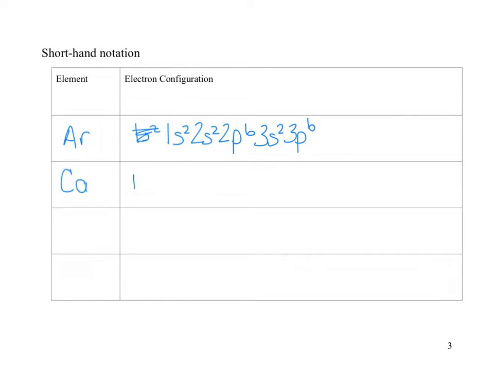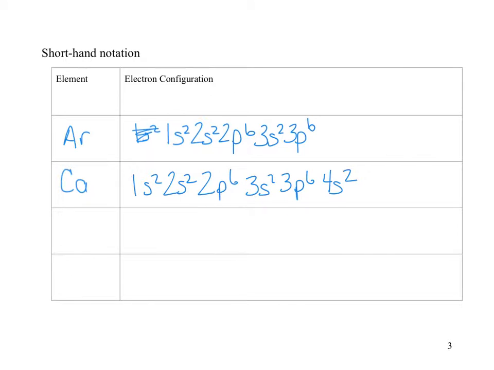And calcium, 1S2, 2S2, 2P6, 3S2, 3P6, 4S2. Okay, so again, today's all about patterns, and finding shortcuts in how electron configurations are similar.